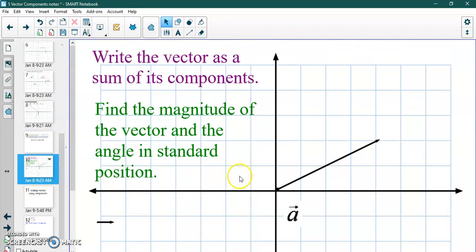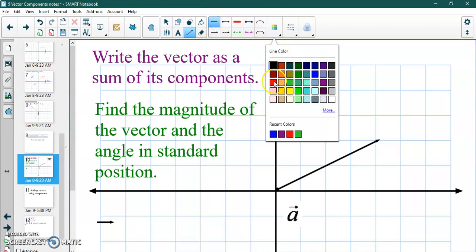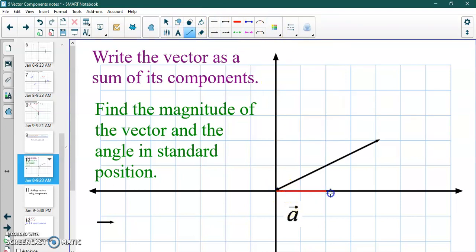Okay, so now we're going to write this vector here as a sum of its components. So that's the components i and j that we just talked about. I see that it is going to the right 4 and up 2.